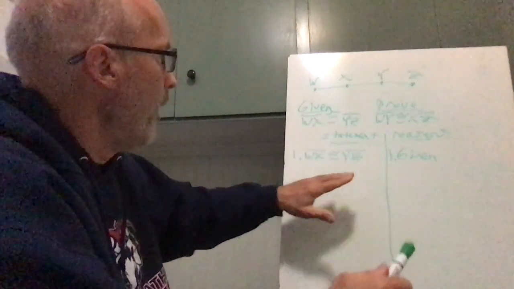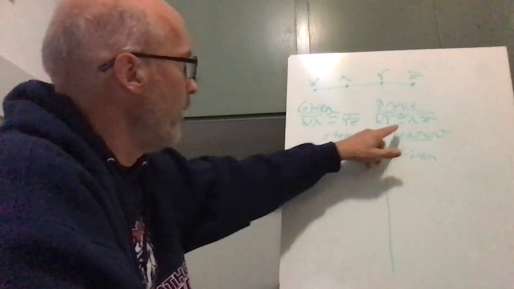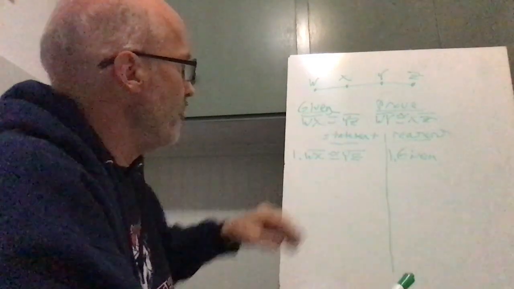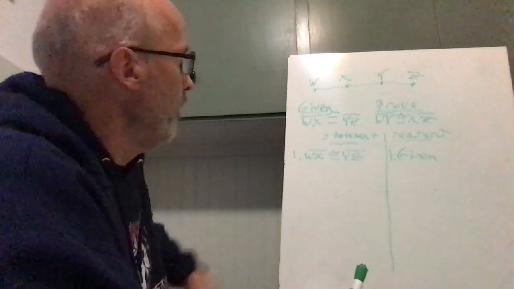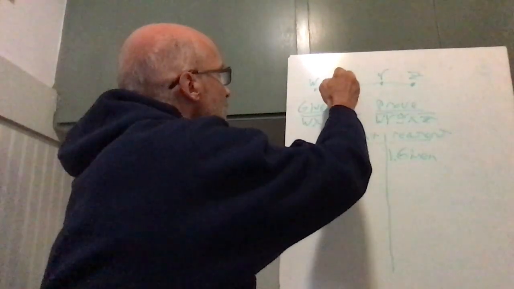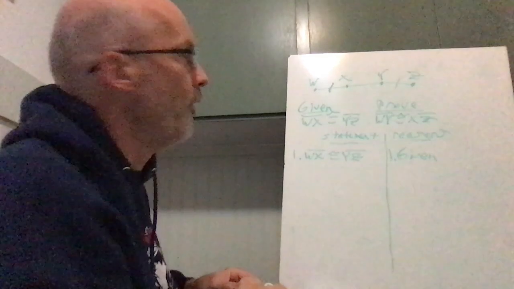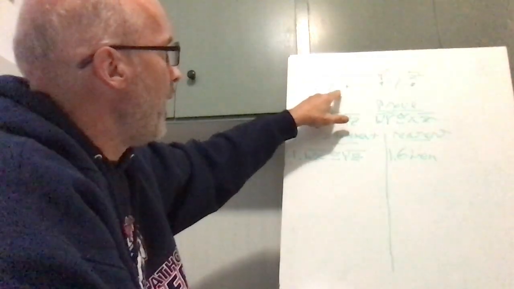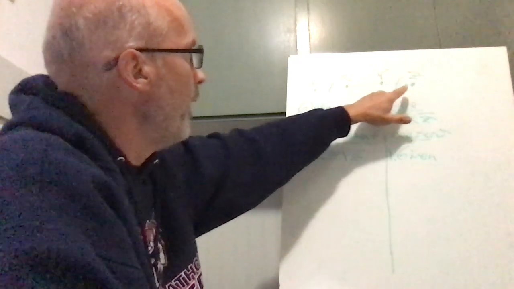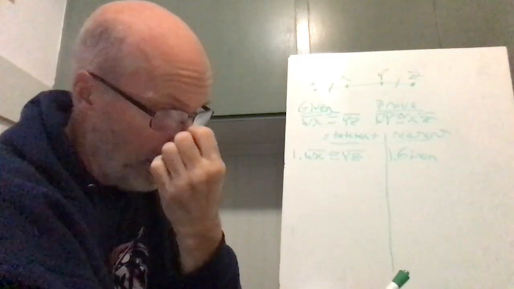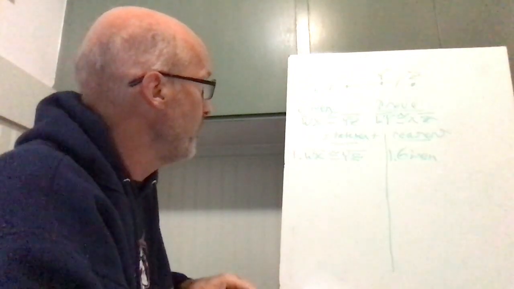Now, I encourage you to stop at this point, look at where you're going, and try to come up with a strategy. So they're telling me that these two segments are the same. Well, if I have the same and I add it to something, and I have the same and I add it to that same thing, then those are going to be the same. So that's my strategy.